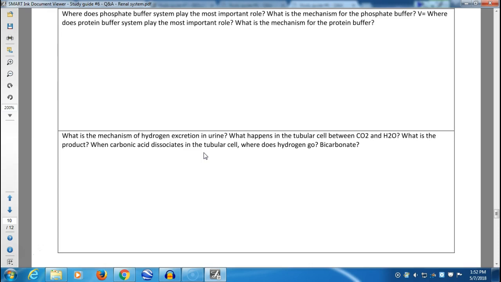So in respiratory acidosis, what accumulates in the blood? CO2. What is the response from kidneys? They will try to excrete more hydrogens and to bring back more bicarbonate in the blood. So you will see elevated CO2 and elevated bicarbonate.